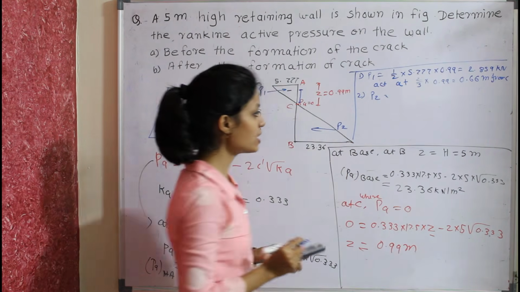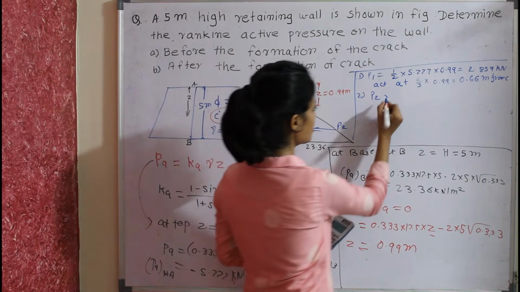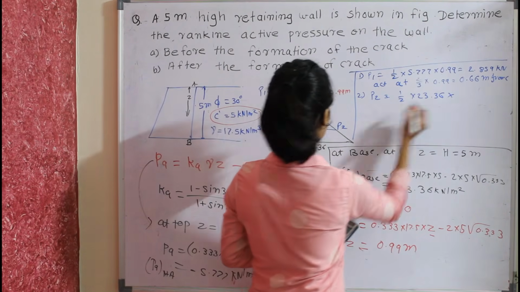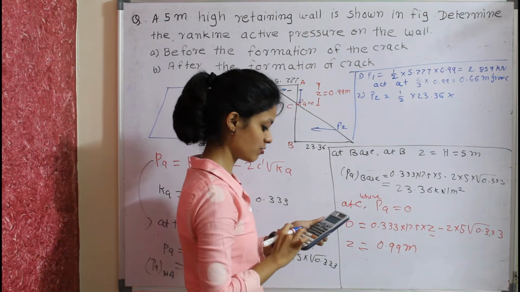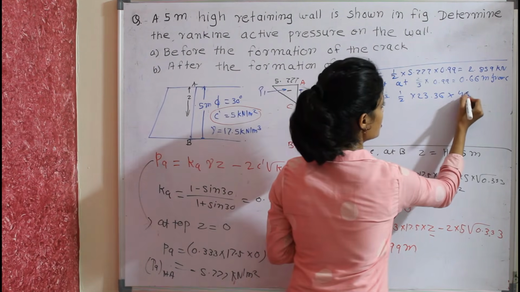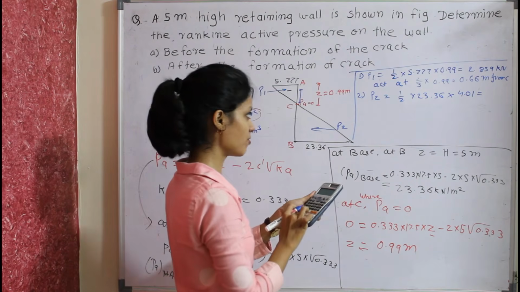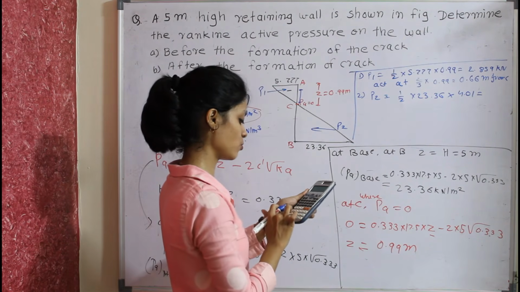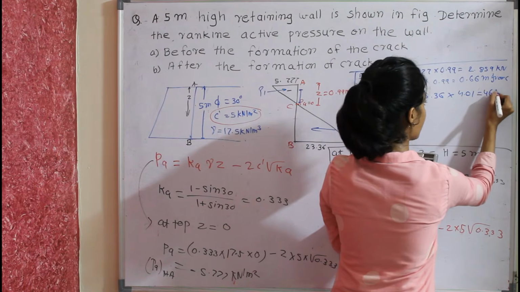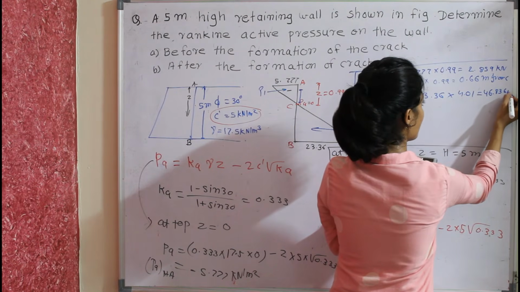Next, P2 equals the area of this triangle, half base 23.36 into height. Height is 5 minus 0.99, which is 4.01. So P2 equals 0.5 into 23.36 into 4.01, which is 46.836 kilonewton.